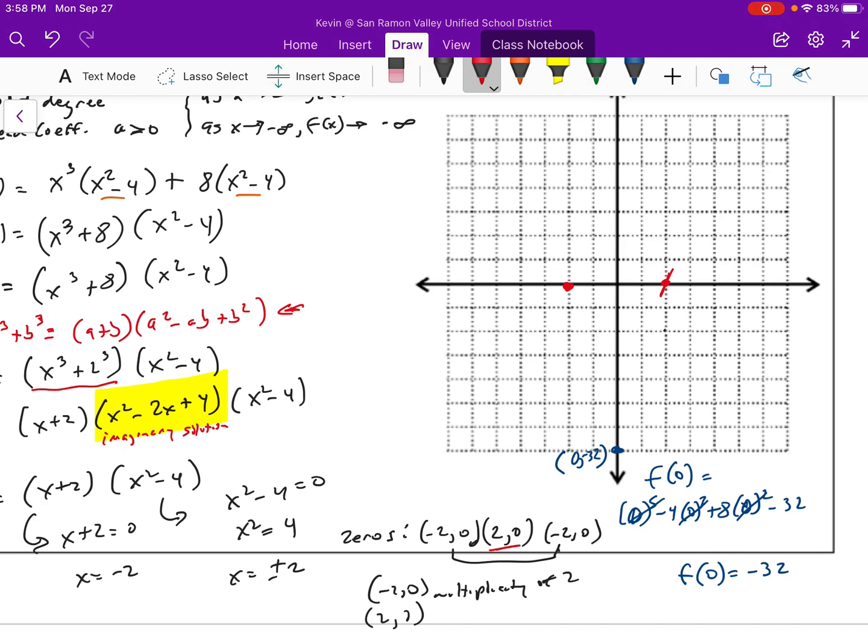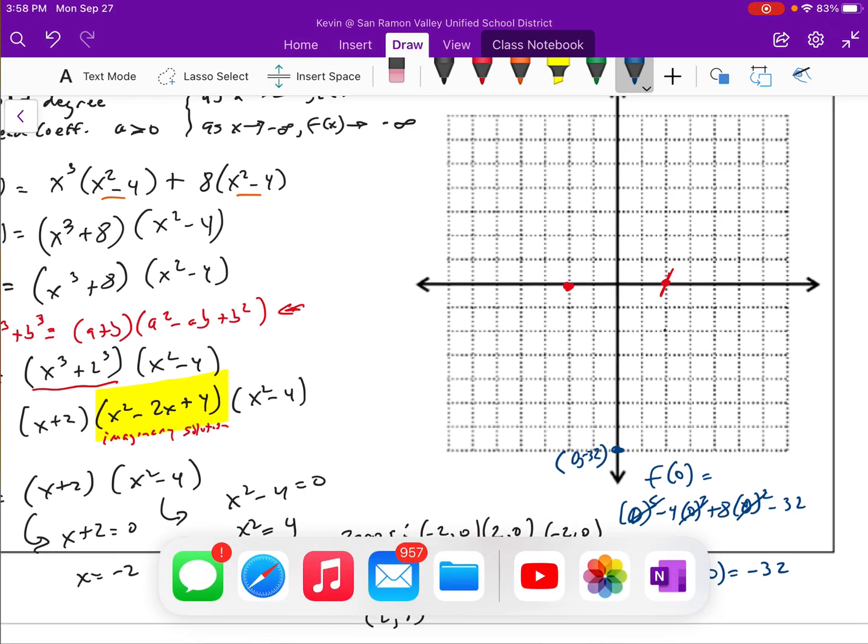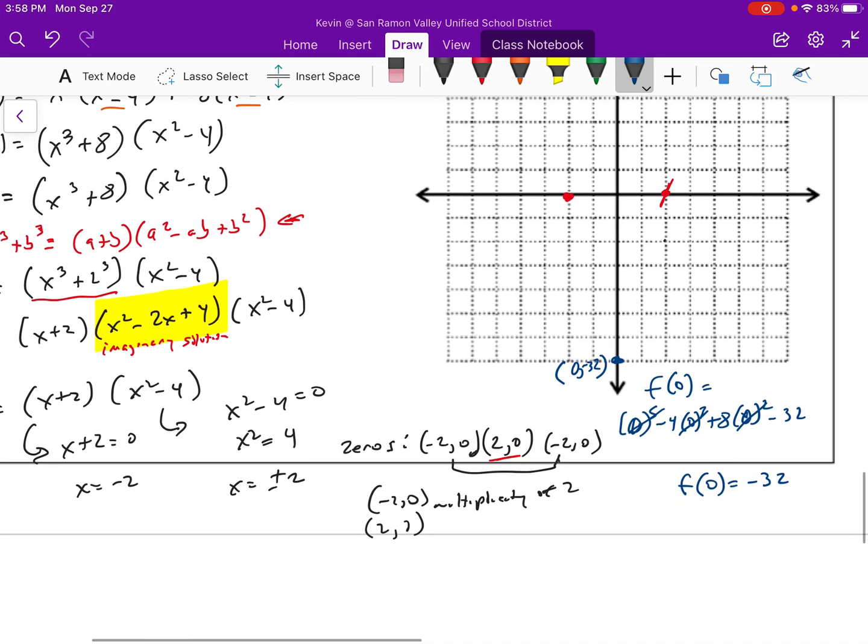Since this is negative, should I look for another one? Oh yeah, let's look at f of 1. Just really quickly, f of 1. I plug that into my original equation, so I have 1 to the 5th power minus 4 times 1 to the 3rd, plus 8 times 1 squared, minus 32.